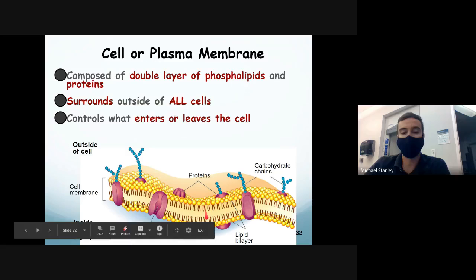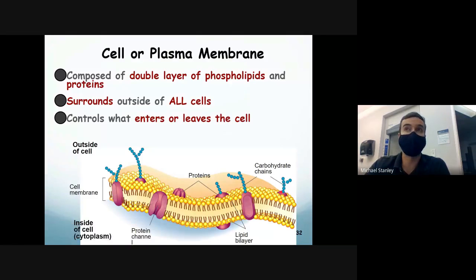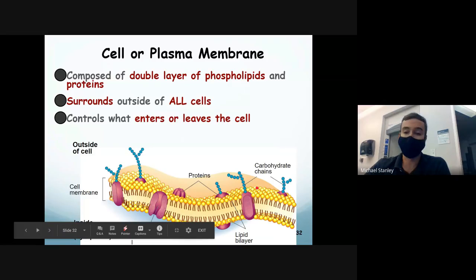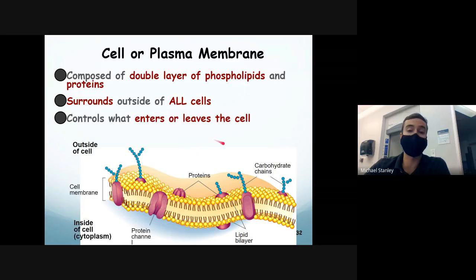They're blocked by these lipids. So these proteins act as sort of bridges or channels where they're able to get through. And like I said, next week on Tuesday and Thursday, we'll talk a lot more about how these proteins work. But for now, just know that we've got these lipids and these proteins that are protecting the cell and controlling what goes in and what goes out.